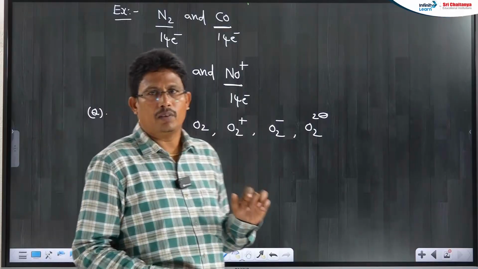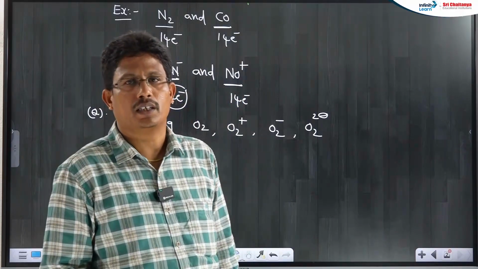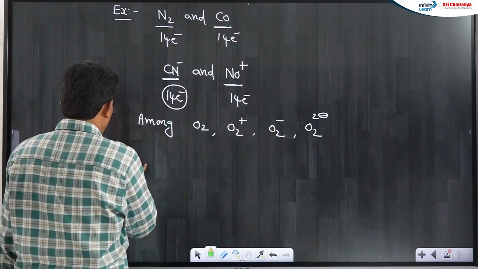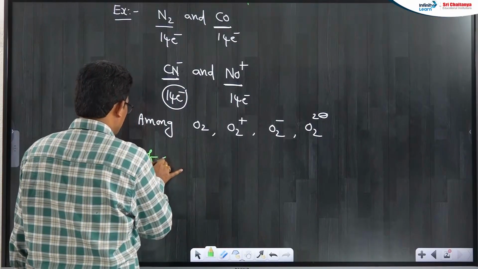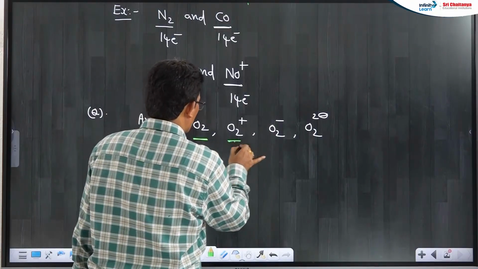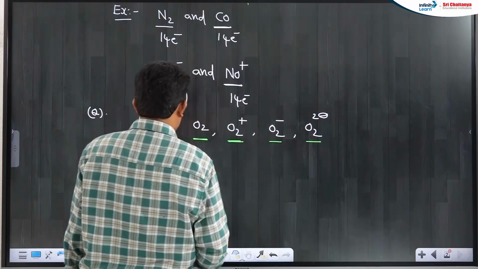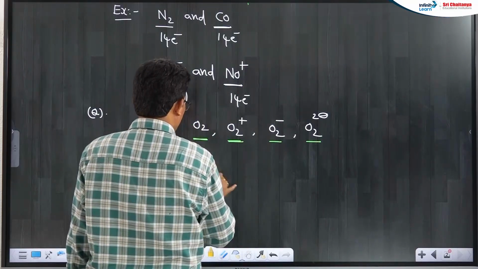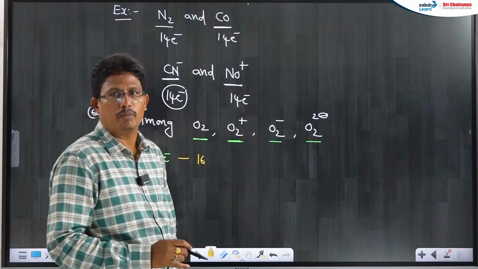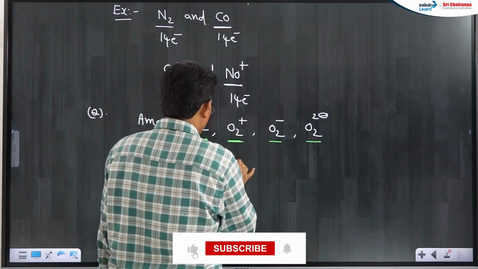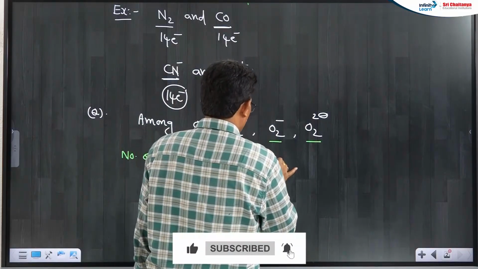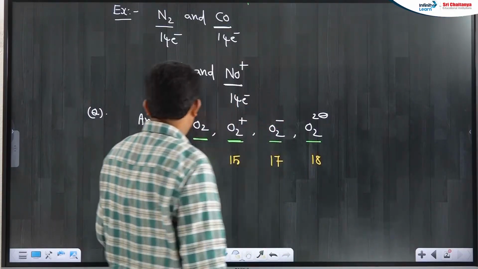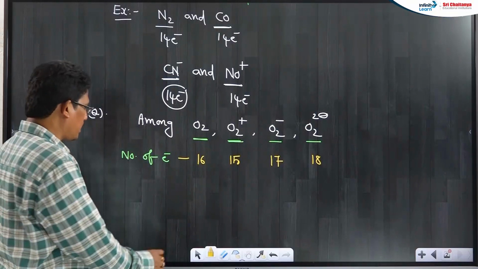While finding bond order, first observe the number of electrons present in the given molecule or ion. The number of electrons in O2 is 16, O2 plus after removing one electron 15, O2 minus after gaining one electron 17, and O2 2 minus 18. First write electrons, next write bond order.